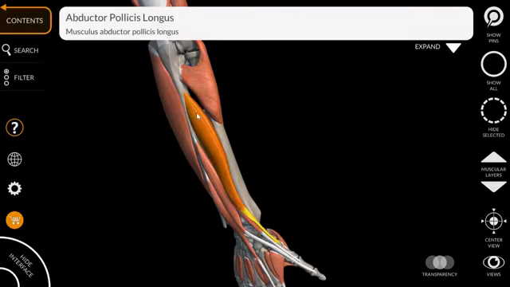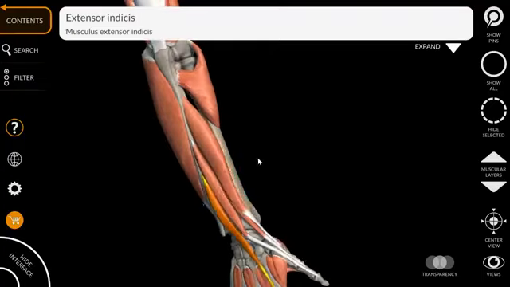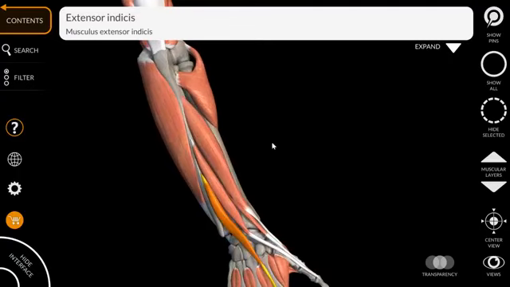This is abductor pollicis longus, extensor pollicis longus, and this small one is the extensor pollicis brevis, and this is the extensor indicis. These are all the muscles which are present in the deep layer of the posterior compartment of the forearm.